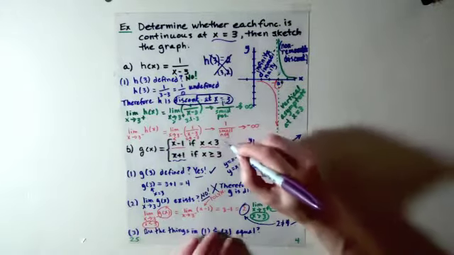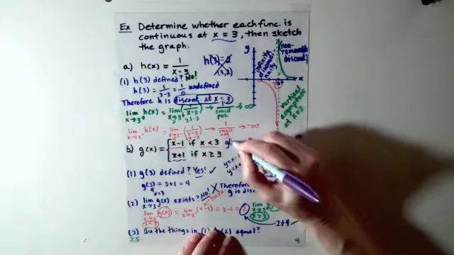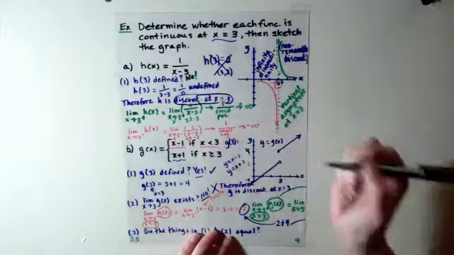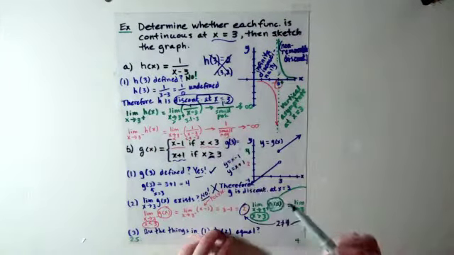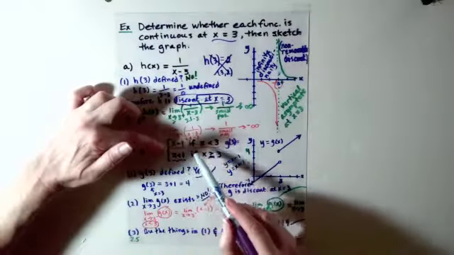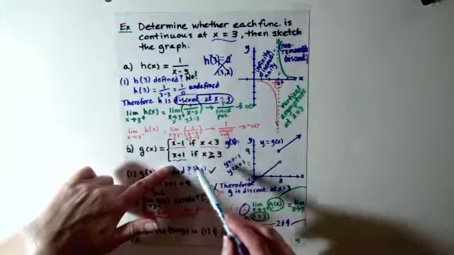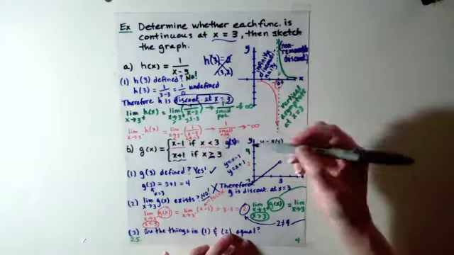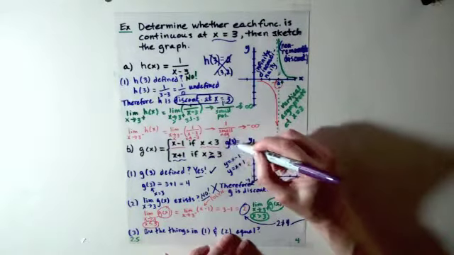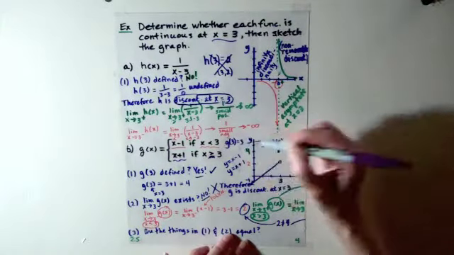But I think you can see that no matter what value I chose to assign to g at 3, if I got rid of this equal bar down here, and I used g of x as x minus 1 when x is less than 3, x plus 1 when x is greater than 3, and then gave g a new value, no matter what value I chose, suppose I chose something like g of 3 equals 3.